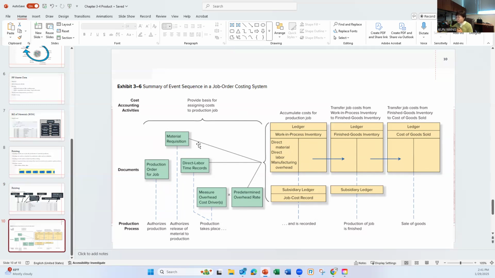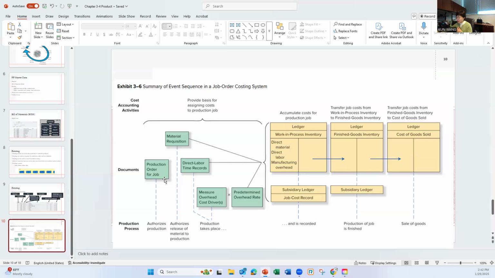So BOM, right? Then the direct labor, like the routing needed, and overhead drivers. We need all of the supporting manufacturing expenses: depreciation, repairs, the inspection labor, supervisors, and all of the supporting overhead will be captured in the system as well to the production order.